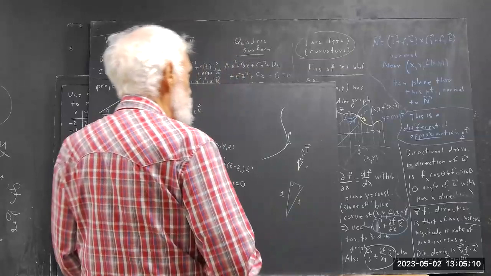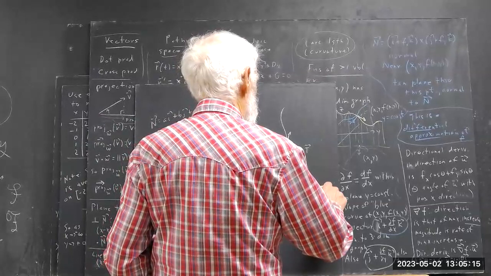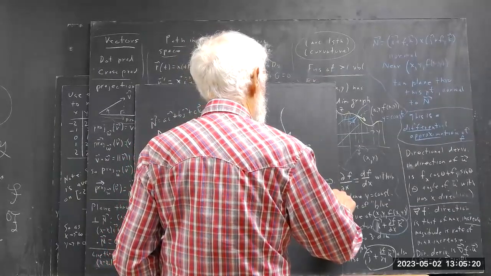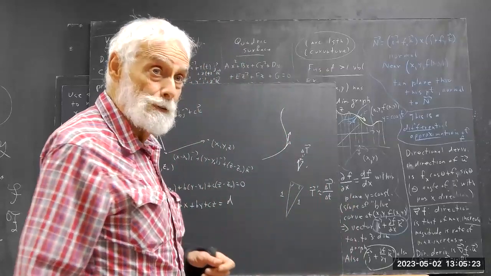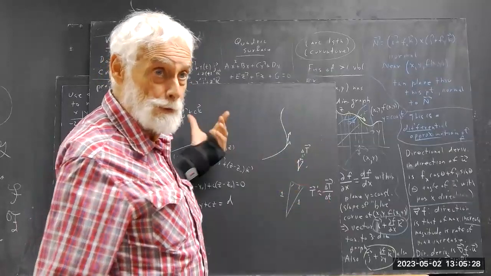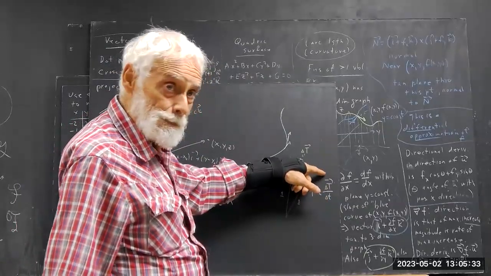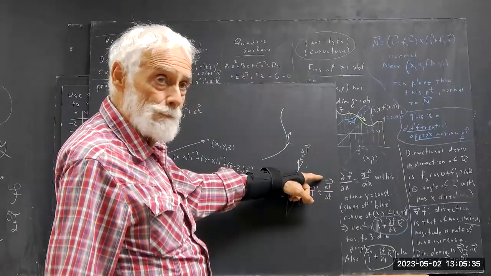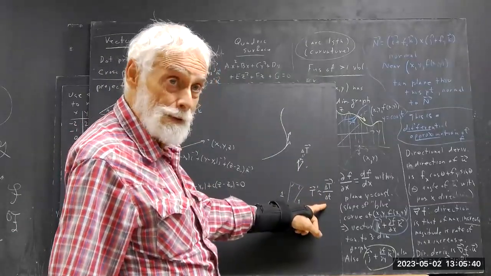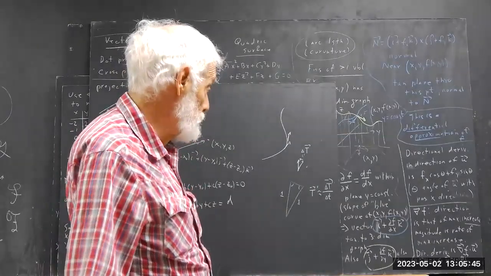Now the derivative of the unit tangent vector is this. If small t is your parameter, which is what I have in the box, you take the limiting value of the change in the unit tangent vector divided by the change in t, the time rate, or t regarded as a general parameter.